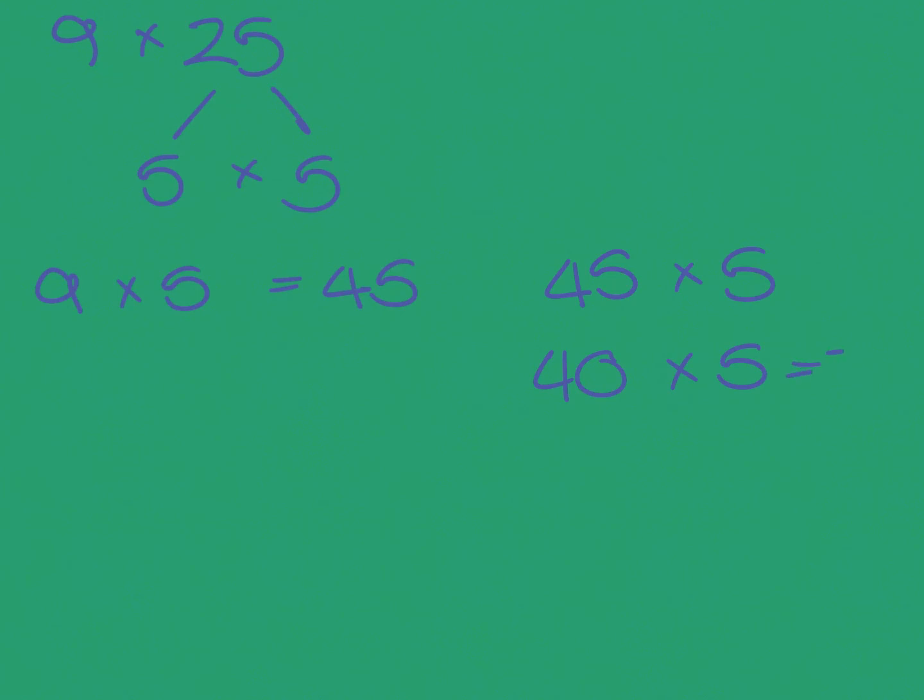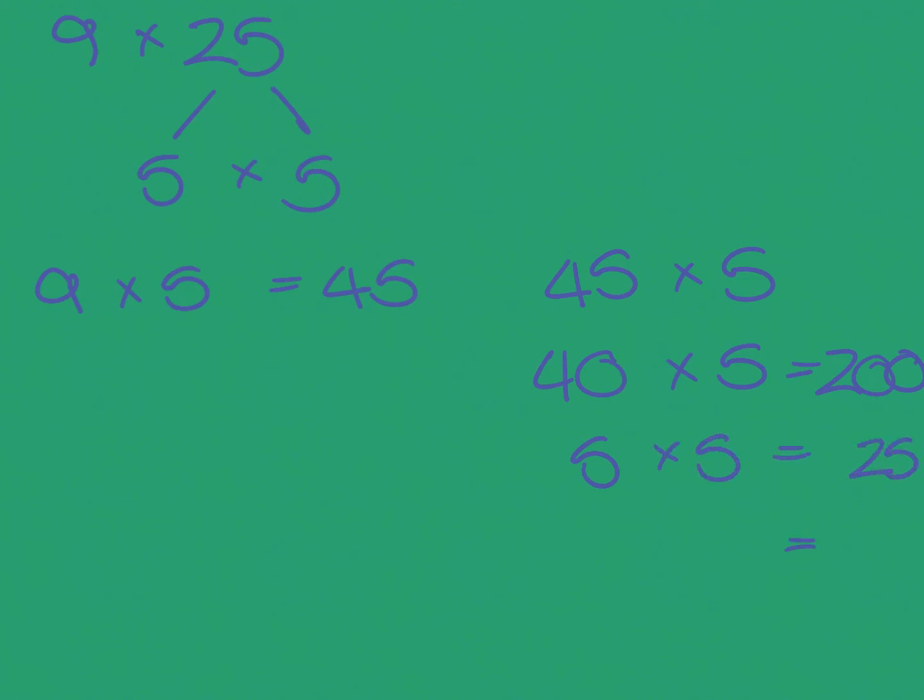Okay, here's another example. We've got 9 times 25. Two factors of 25 that I'm going to work with are 5 and 5. So 9 times 5 is 45. And then 45 times 5. Again, I could use a couple of different strategies, but I'm going to use place value because that's the one I like the most to do mentally. 40 times 5 is 200. Then 5 times 5 is 25.